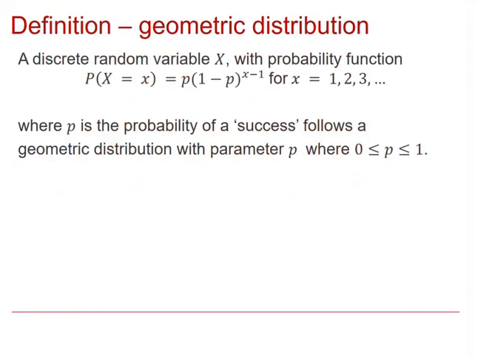The geometric distribution involves two mutually exclusive outcomes, as you've met with the binomial distribution previously. This discrete distribution has one parameter p, the probability of a success, and the possible outcomes are discrete and start at the value x equals 1.